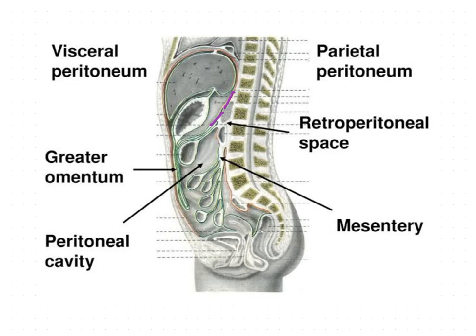The visceral and parietal layers are continuous with each other through certain folds. Such folds are called peritoneal folds. There are three types of peritoneal folds, and you can see them here.